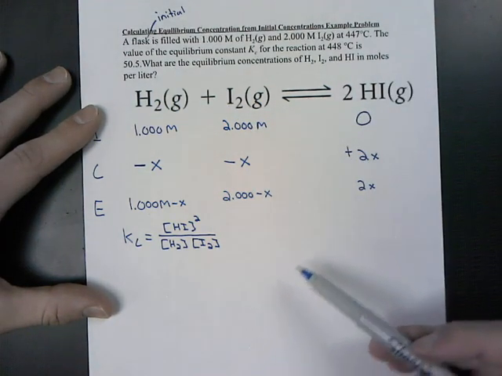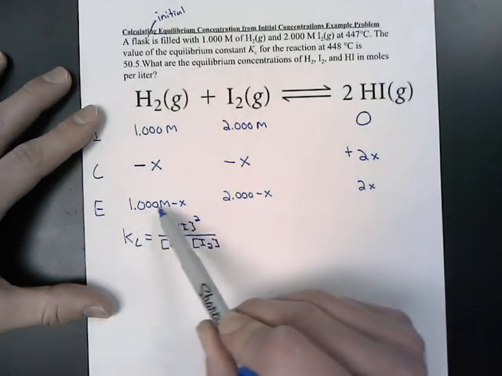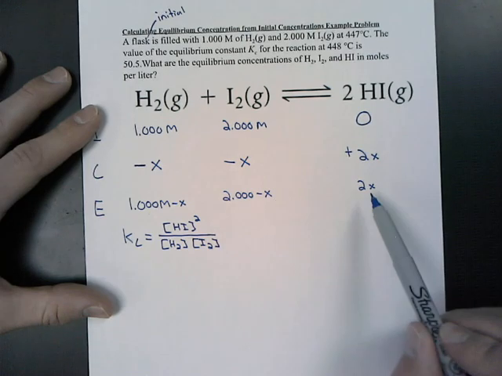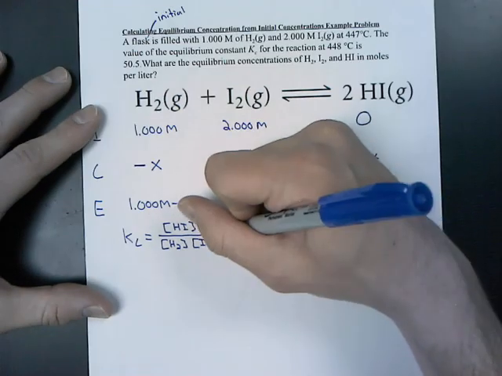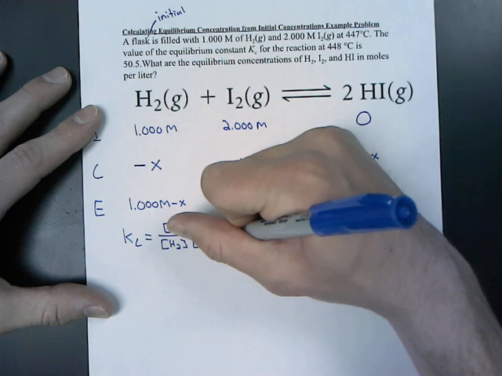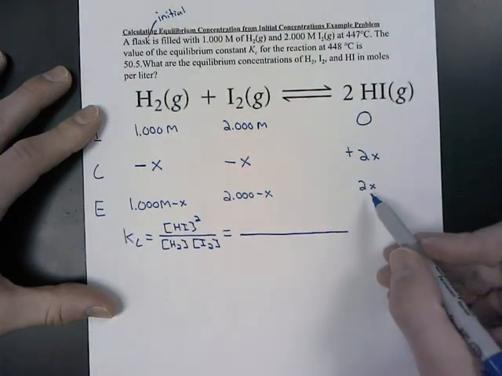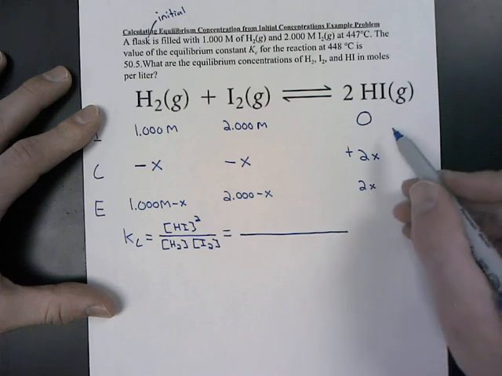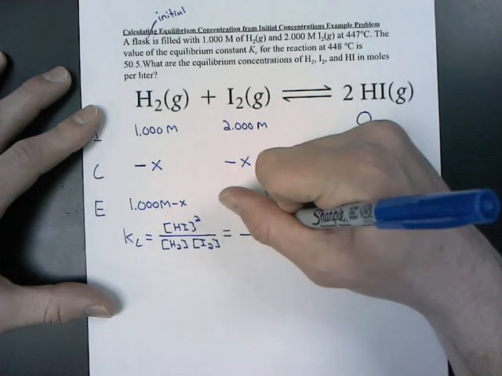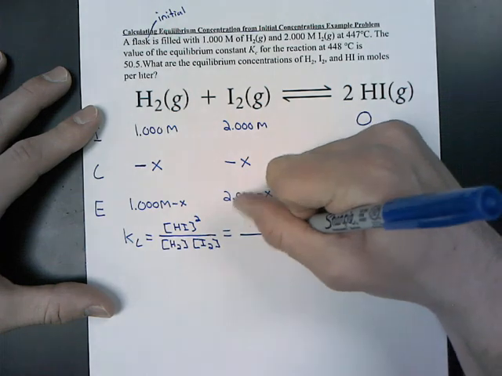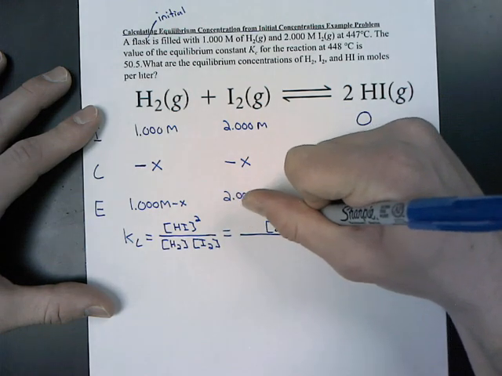Now, these equilibrium values listed right here, I am just going to insert into what we just wrote down. So we start out with 2x because it's HI. We take 2x and we square it.